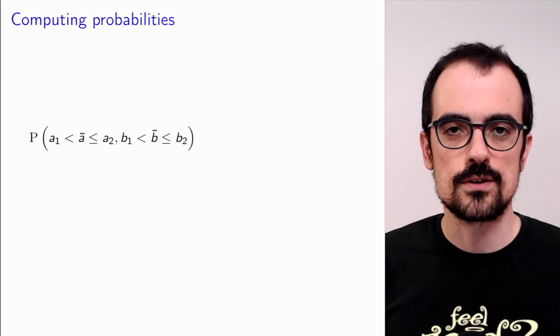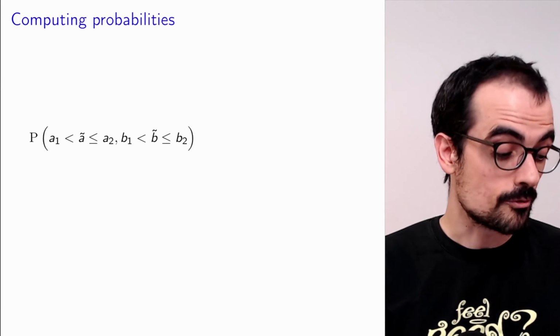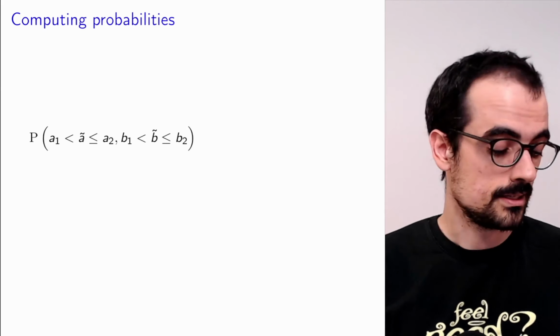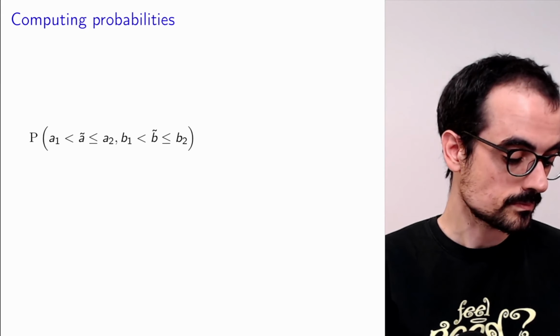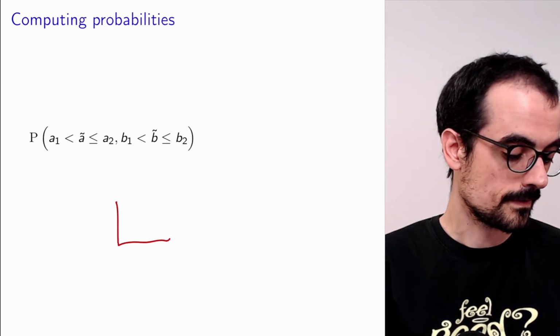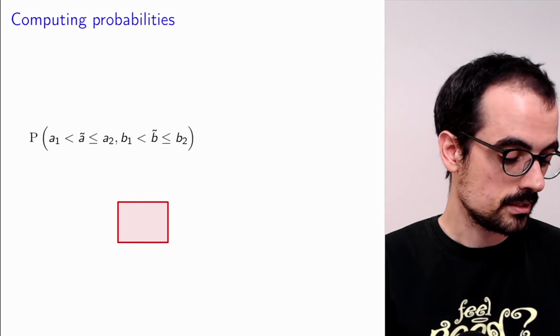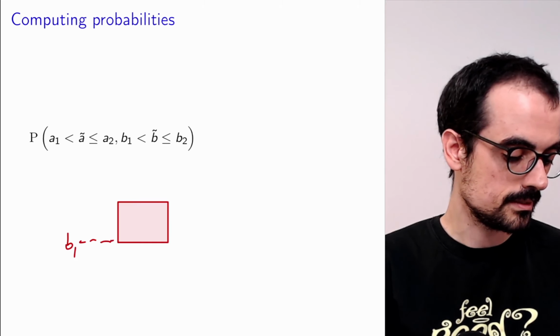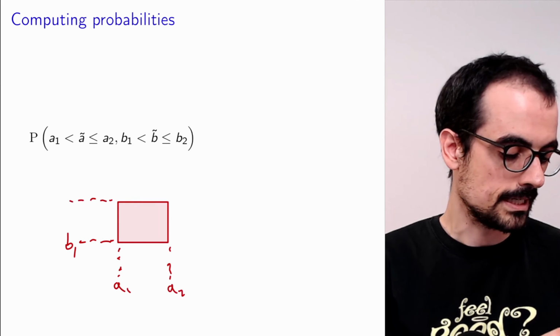To illustrate that further, imagine that you're trying to estimate the probability of a rectangle just using the CDF. So here we have a rectangle. I just want to really drive this point home, where this is B1, this is A1, this is A2, and this is B2.